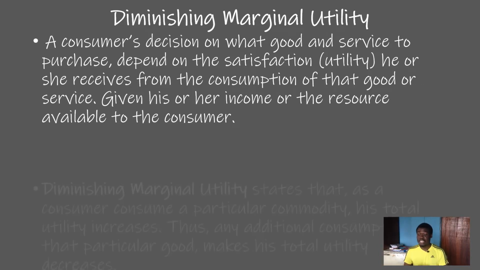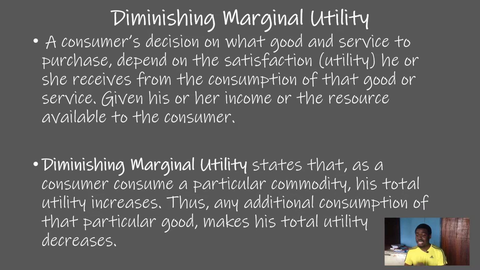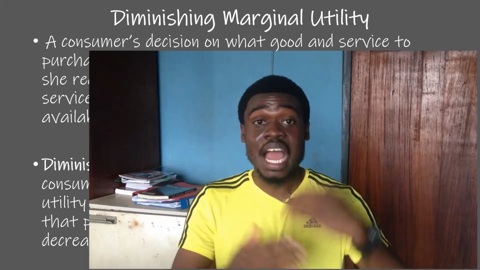Now, diminishing marginal utility states that as a consumer consumes a particular commodity, its total utility increases. I hope you get me. As you consume more quantity of Coke, your total utility increases, from what I've discussed about total utility and marginal utility on my live slides.